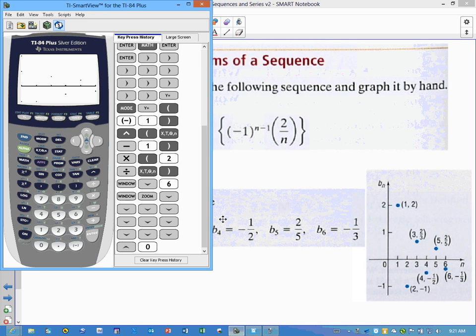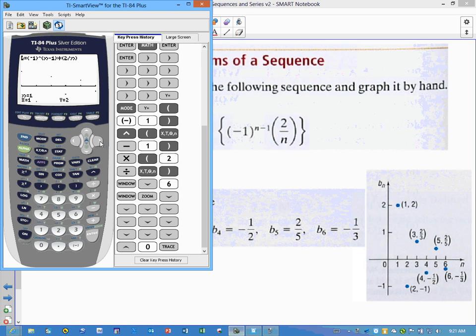But from here, if you want to find out what exactly these values are, then once again, you can hit Trace. And when you go to Trace, it'll jump to the first number, which you see the cursor blinking up here. In other words, it'll go to b sub 1 in this case. So notice when n equals 1, x is 1 and y is 2. So 1, 2, that corresponds to that point.